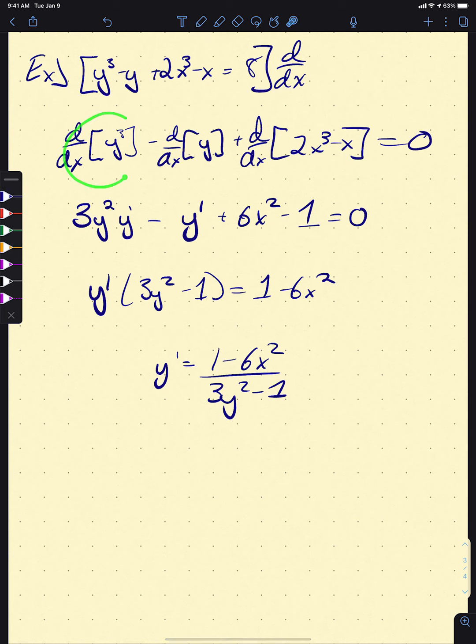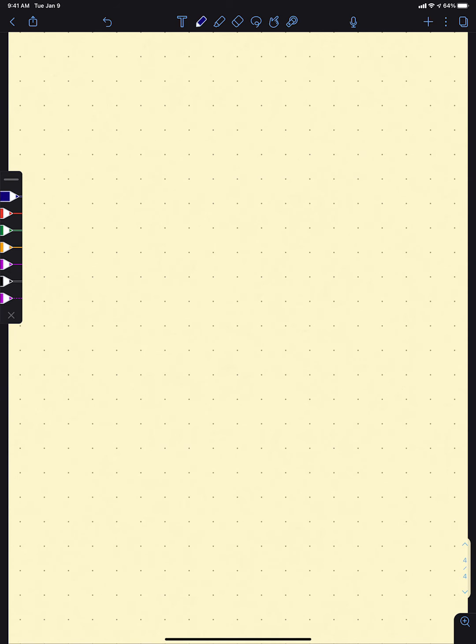Again, once you shift your perspective to realize that, given the correct restrictions of domain, whatever they are, y is just a function of x, we can use the chain rule, right? Okay, let's take a look at another one.